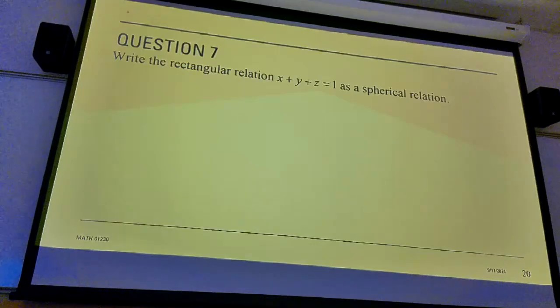I had to reread it. Spherical. So what can we do?